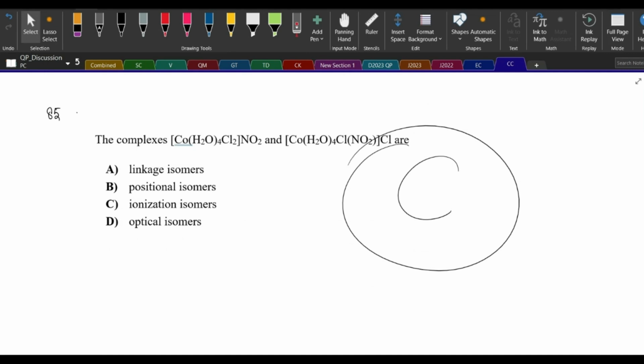Linkage, ionization, coordination are all structural isomers. Now in the next class we will be learning about stereoisomers, where geometrical and optical come. We will learn by doing problems, so don't worry.